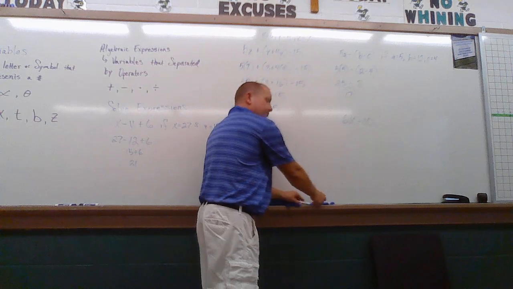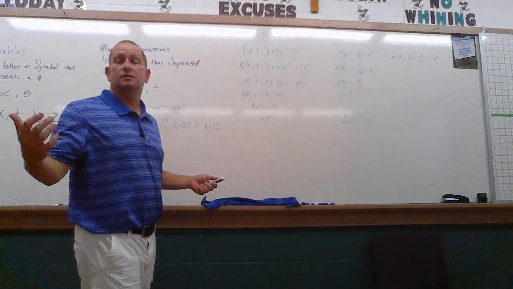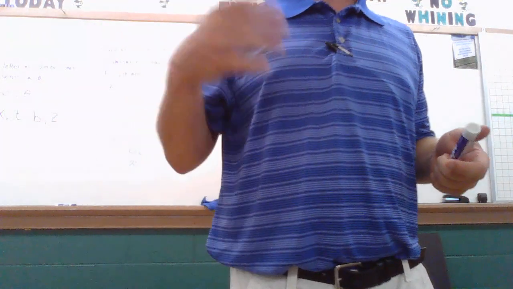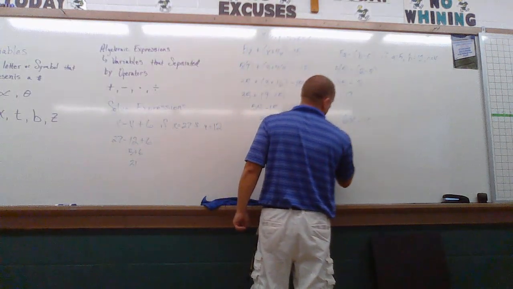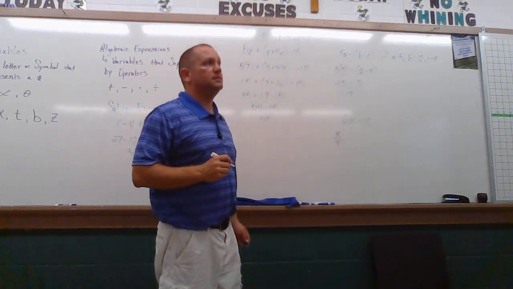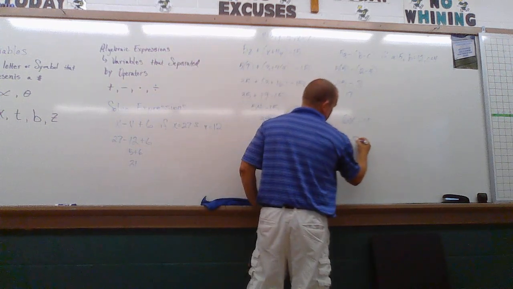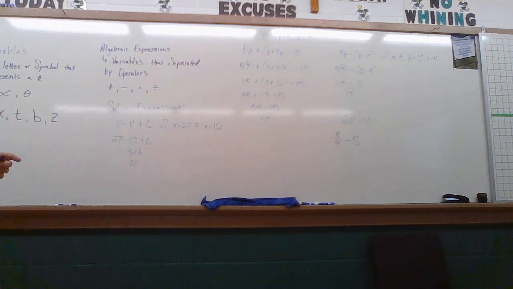The next one down. The quotient of a number and 4. How do I write that? The quotient of some number and 4. X divided by 4. Awesome. And then finish the rest. Minus 5. So what do I say? X divided by 4 minus 5. Now here's the question. Do I need to put parentheses around x divided by 4?